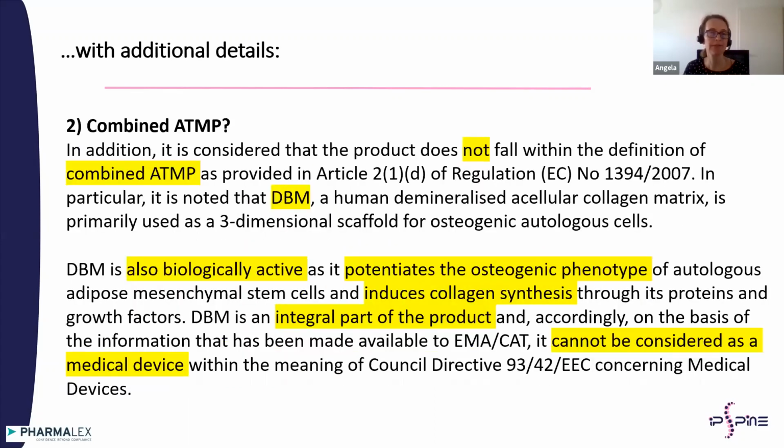And now the interesting bit is how does the agency argue that we do not have a combined ATMP? This is because, as you see in the second paragraph, the demineralized bone matrix is biologically active. It potentiates the osteogenic phenotype, so it does talk to the cells, make them do as they should. It induces collagen synthesis.